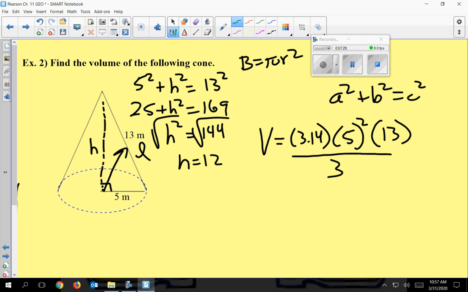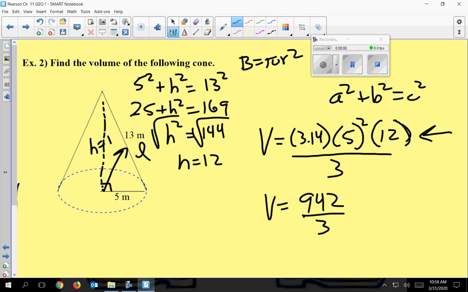Oops, sorry, time out. I put 13, not 12. 12. Sorry. Okay, so double check here. I put the lateral height, then I need to put the vertical height that we used the Pythagorean theorem to find. Sorry about that.